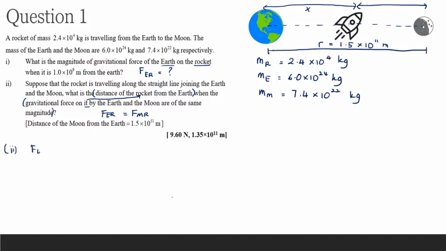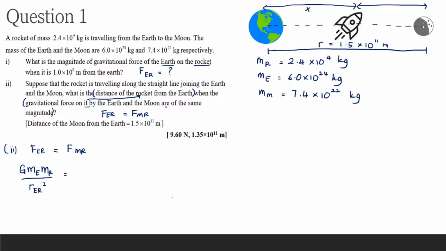Okay, so number 2, using this equation that I wrote down just now, FER is equal to FMR. Okay, formula dia apa? G ME MR, sebab dia adalah interaction between the Earth and the rocket that's travelling from the Earth to the moon. So divide RER squared equals, kenapa equals?